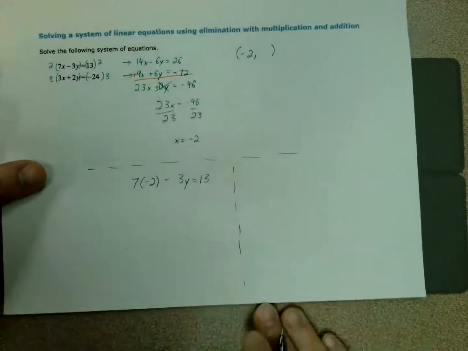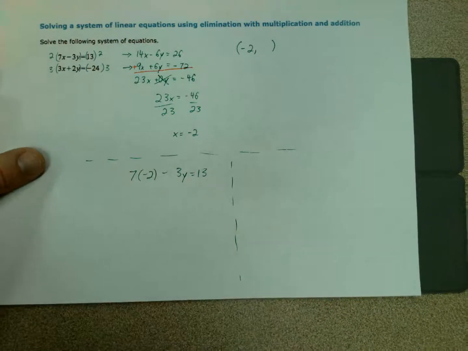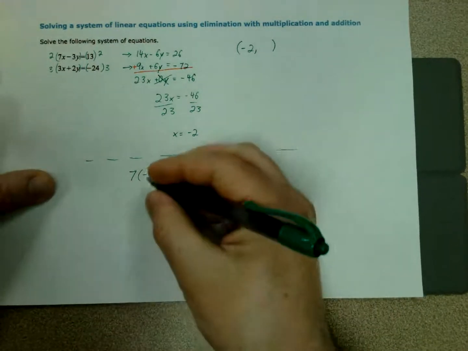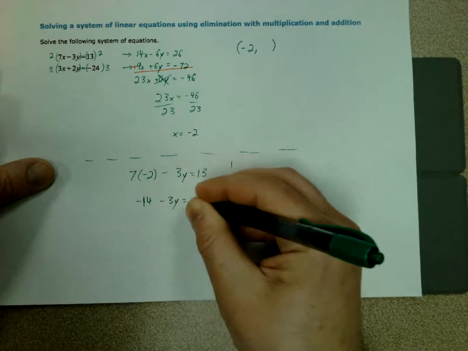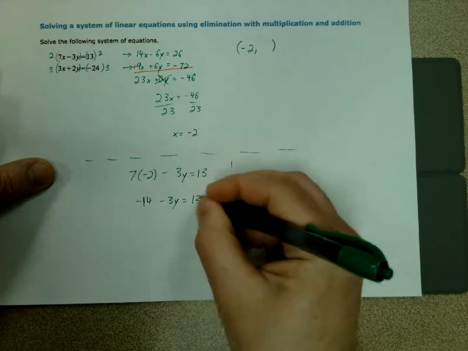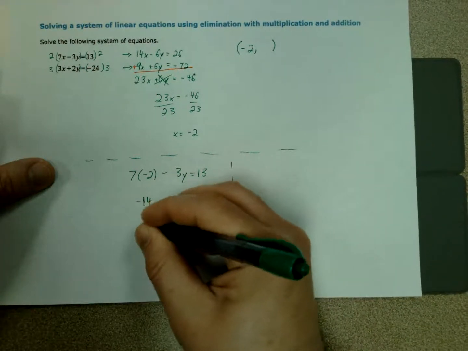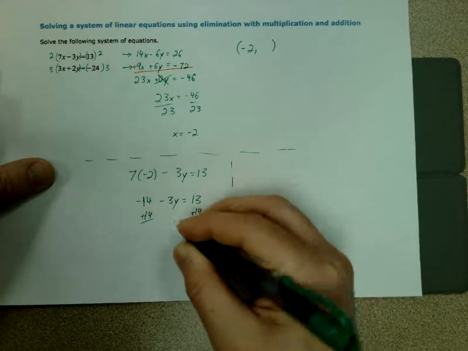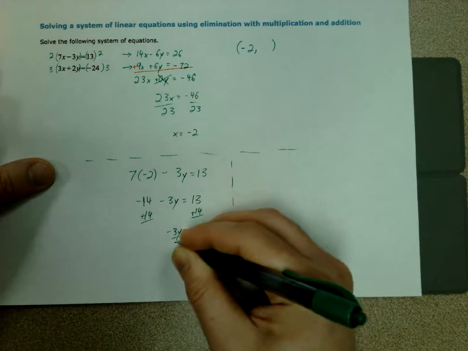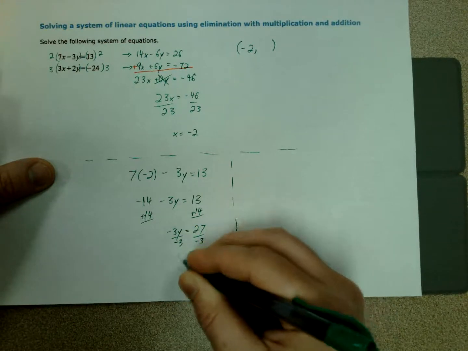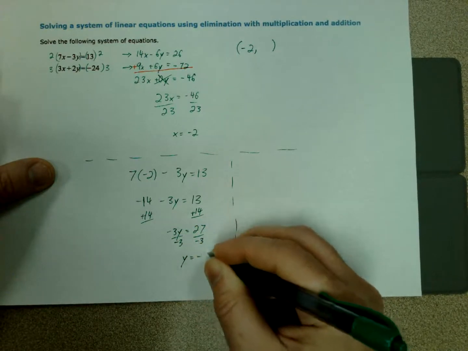We'll go ahead and do this one from start to finish, and then we'll deal with our second one there. All right, so negative 14 minus 3y. Add the 14 to the other side. Divide by negative 3 and get negative 9.